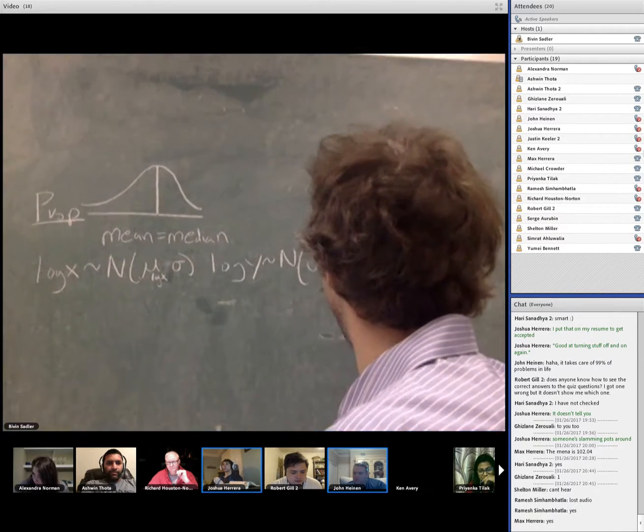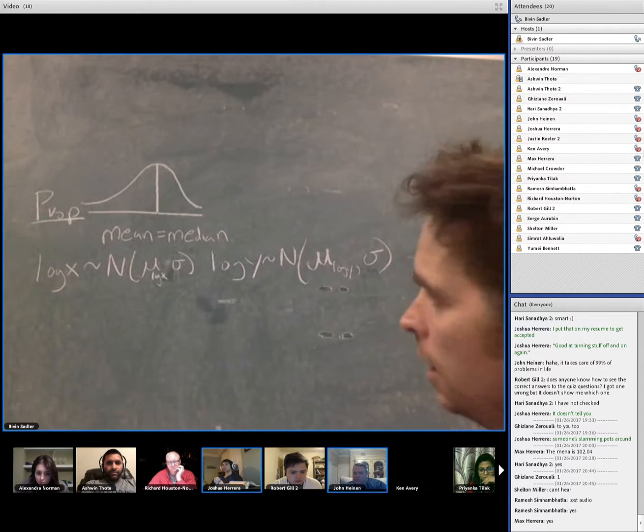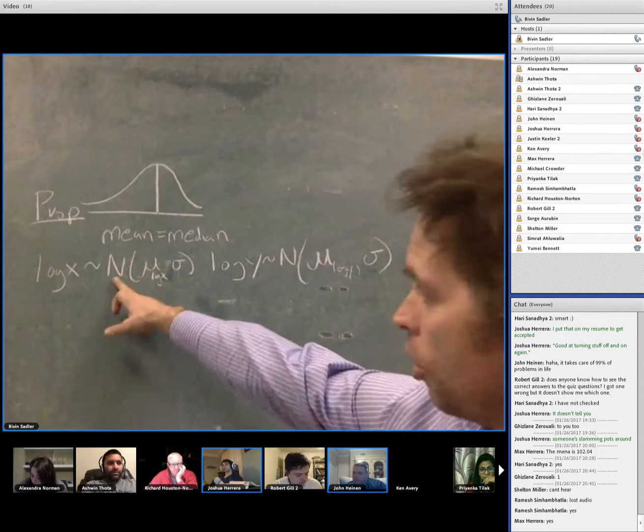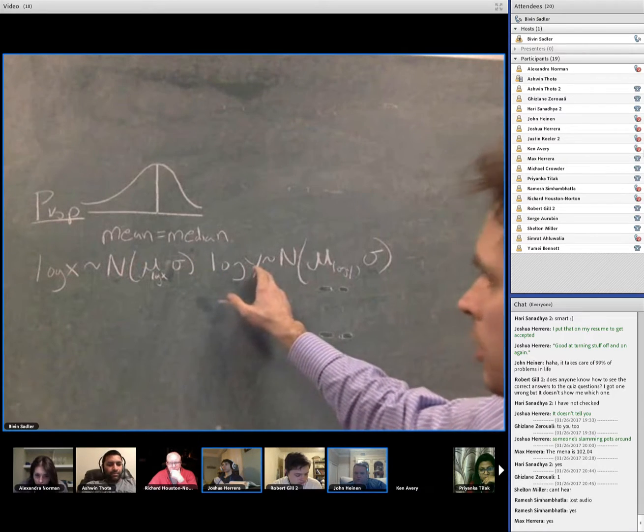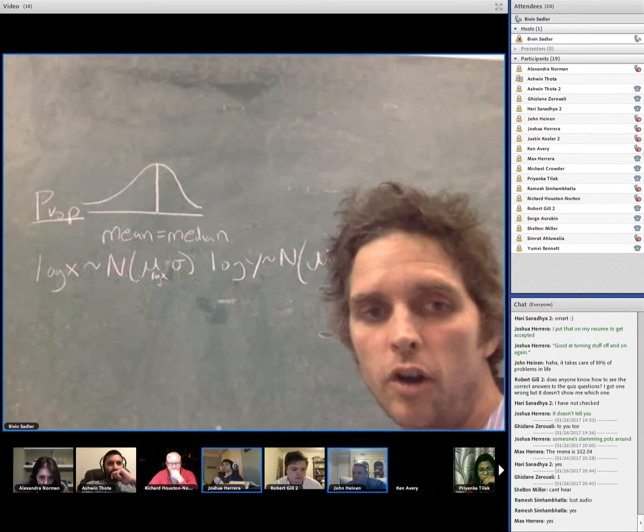So the log of x's are normally distributed and the log of y's are normally distributed. That's our assumption when we run a t-test, or at least the means of those, from the central limit theorem, are normally distributed going into this. Okay.